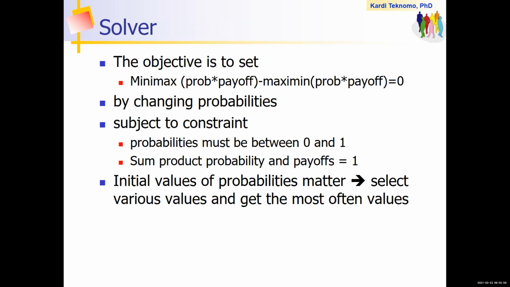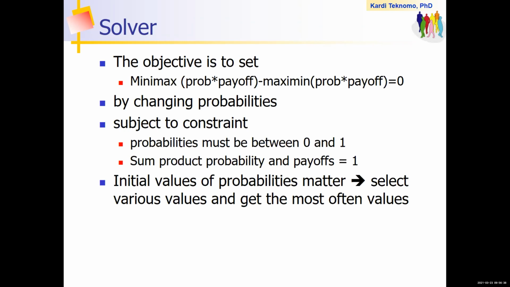Now in the Solver, you set the objective, which is the minimax of probability times the payoff minus the maximum of probability times the payoff. This one must be 0 because this is a zero-sum game, remember? And then what you want is to change the probability under certain constraints. The probability must be between 0 and 1, and the sum product of probability and payoff must be 1.